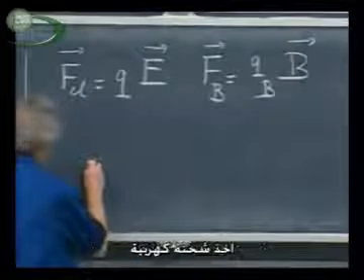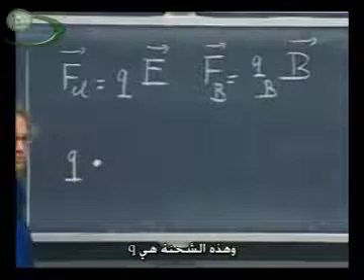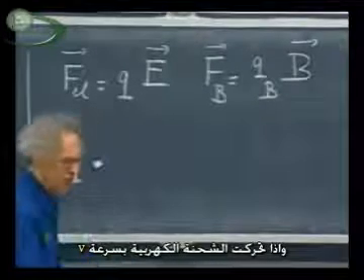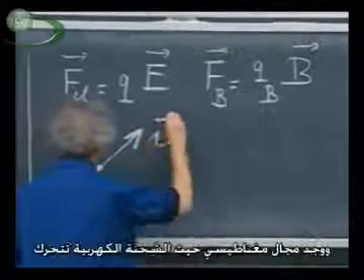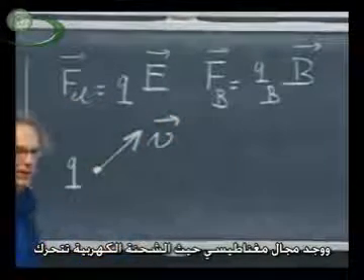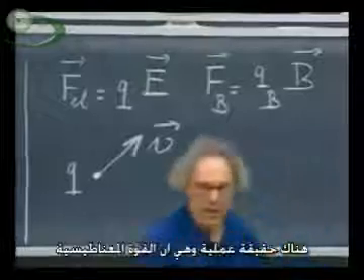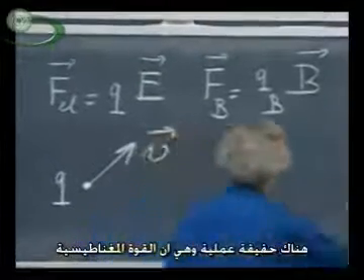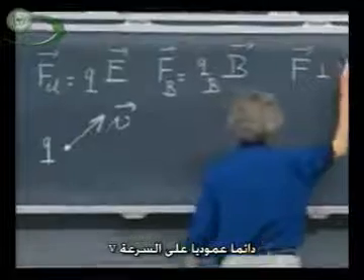I take an electric charge, and the electric charge is Q. If that electric charge moves with a velocity v, and there is a magnetic field where the electric charge is moving, then it is an experimental fact that the force is always perpendicular to v.